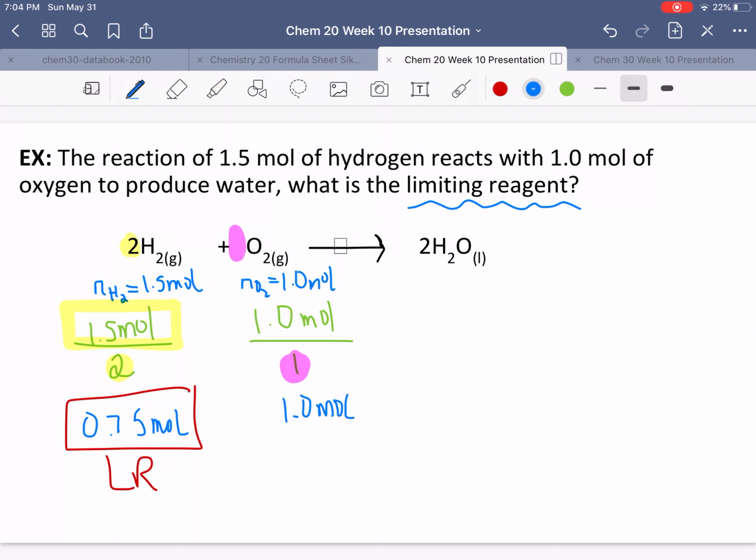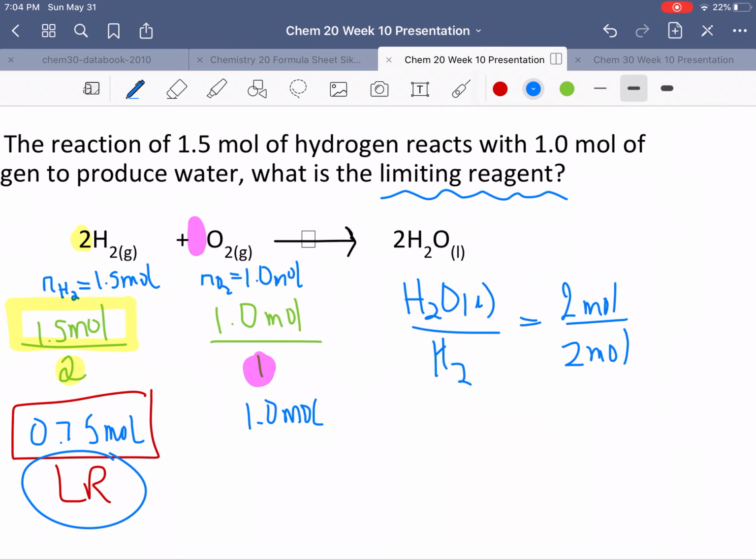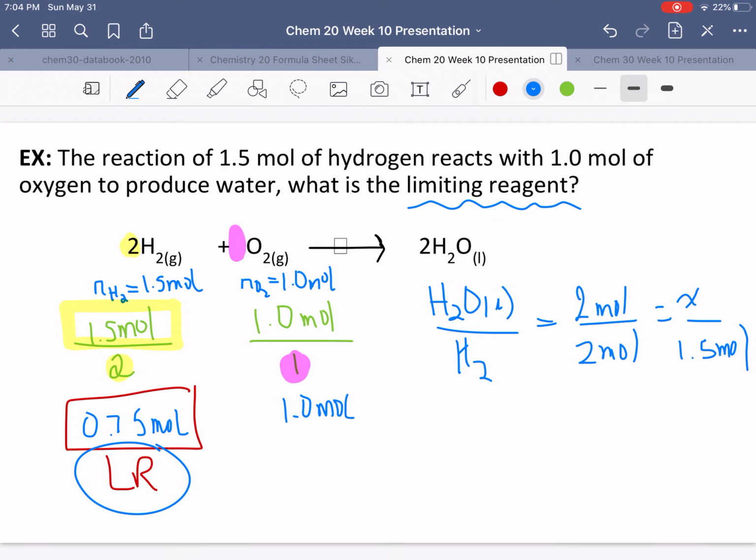The ratio here is we're comparing moles of water to the moles of hydrogen gas. Why hydrogen gas? Because it was the limiting reagent. The ratio of those two is 2 moles to 2 moles. Oh, that makes it easy. We have X amount of water, we don't know how much, but not 0.75 of hydrogen gas, 1.5 moles of hydrogen gas.